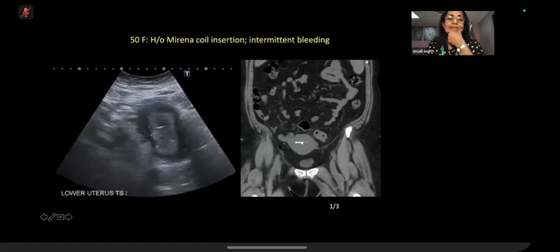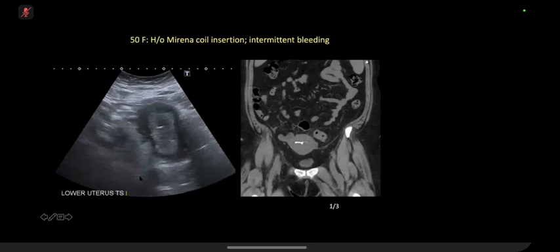So this lady has history of Mirena coil insertion and presented with intermittent bleeding. So we can see on CT scan that the coil is within the uterus, centrally positioned. Describe the ultrasound finding, please.